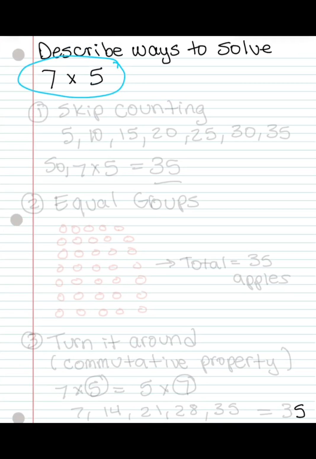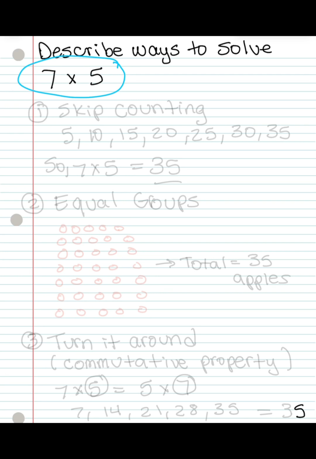So you might come across these kinds of problems that just say, describe ways to solve, and then some kind of multiplication problem. So like 7 times 5. And that just means that they want you to describe several ways that you can think of to solve 7 times 5.